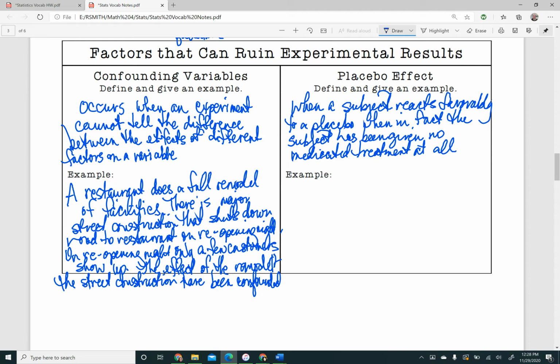And so when a subject does well on the placebo, then they're not sure what happens here, because really the placebo is like a sugar pill. They say they're not really sugar pills, but they're like sugar pills. And then they do well.